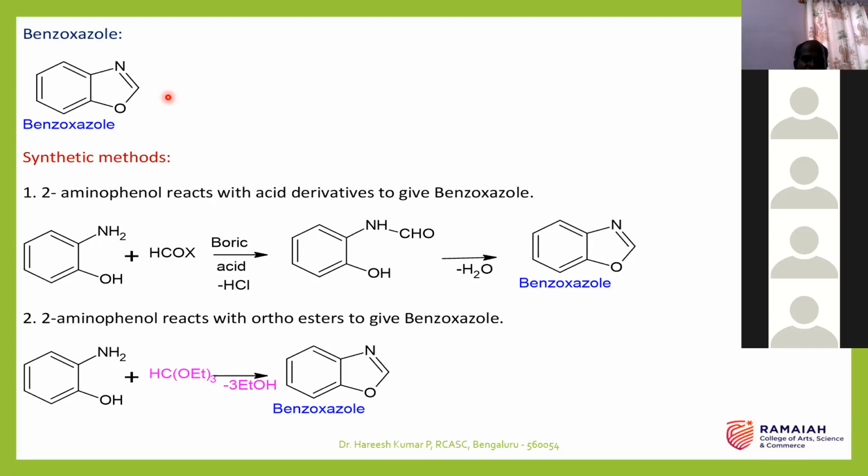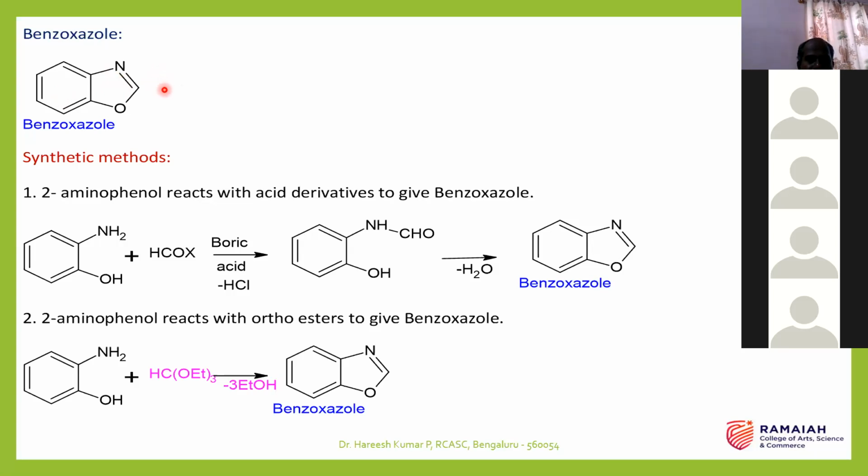So in a 5-membered ring, if the oxygen and nitrogen are at 1 and 2 positions, such compounds are called isoxazole. If they are at 1 and 3 positions, it is called oxazole. Suppose oxazole is fused with benzene, it's called benzoxazole.